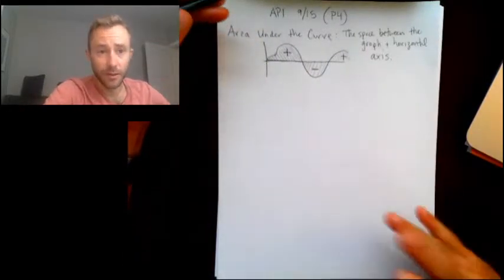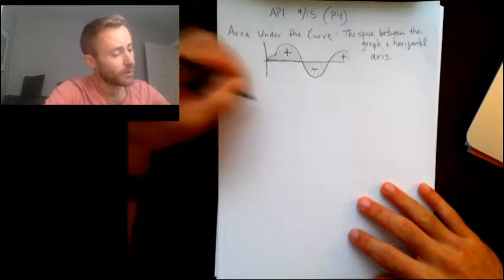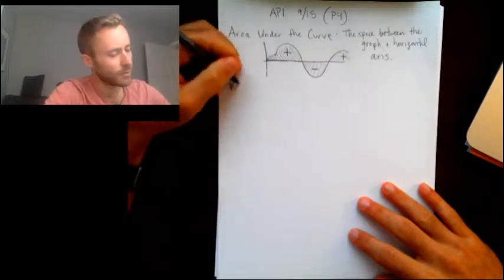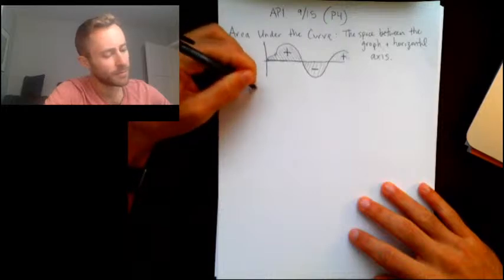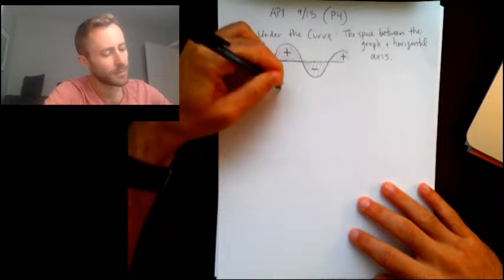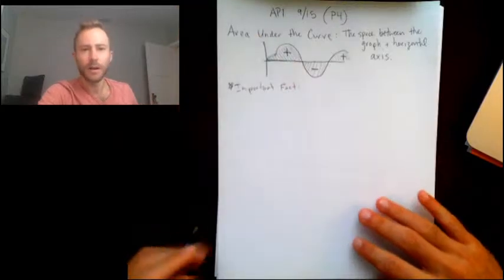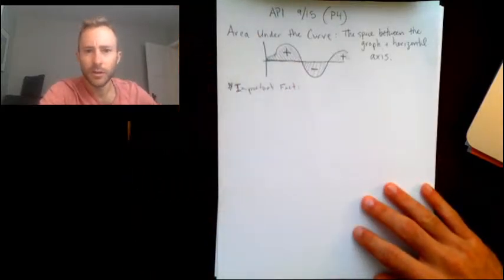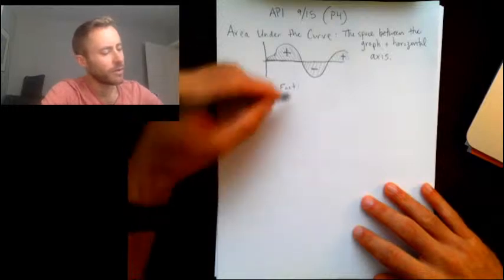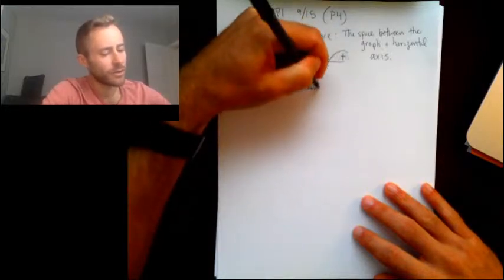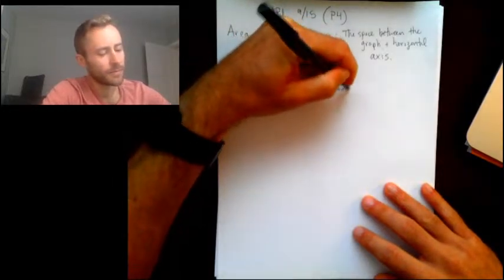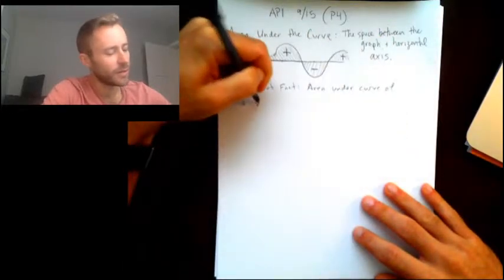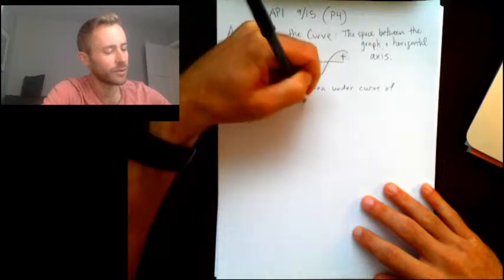So here's the new fact for this lesson, an important fact. The area under the curve of a velocity time graph is displacement.